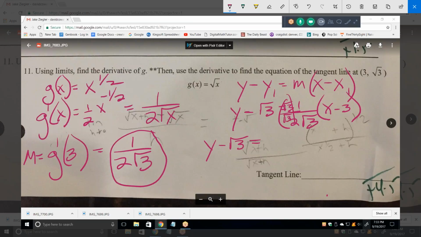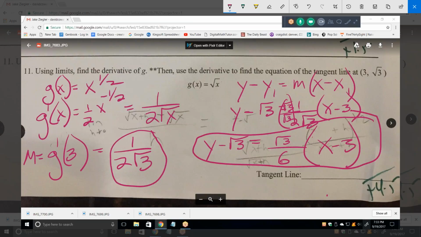What do you get? You get root 3 in the numerator. What do you get in the denominator? 6. Times x minus 3. That's the answer they want. Notice it is not in slope-intercept form. It's in point-slope form. That's our slope, and there's our y point, and there's our x point.